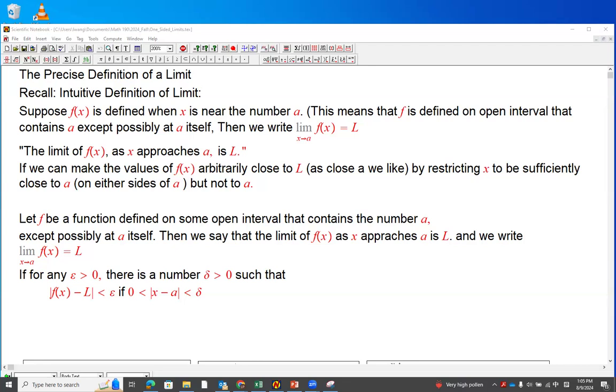In this intuitive definition, we say that if we can make the value of f of x, which is the output of the function, arbitrarily close to L, as close as we like, as close as possible.